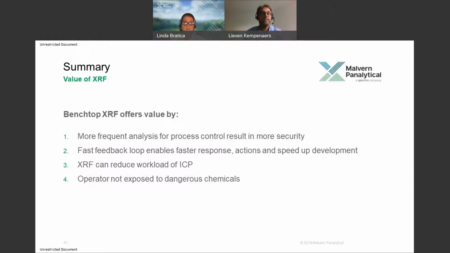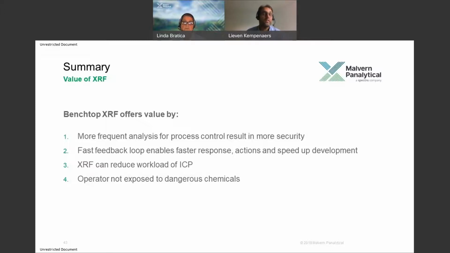You can place it in the factory, close to the heat, let's say, where everything is happening. Also, the method itself is fast, so the feedback loop is also very short. You don't have to wait for days or weeks before you get any result back. Within 1 hour, 1.5 hours, you know your result.